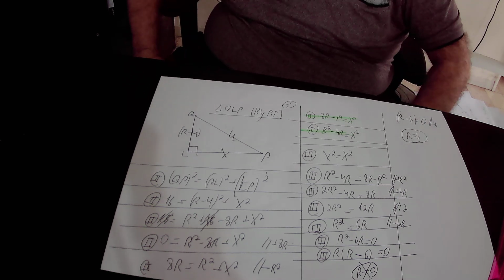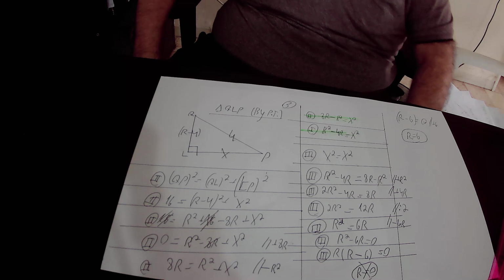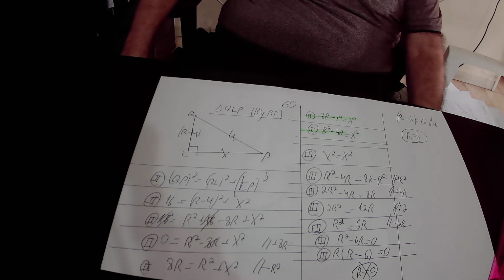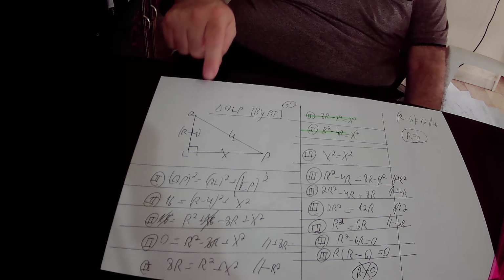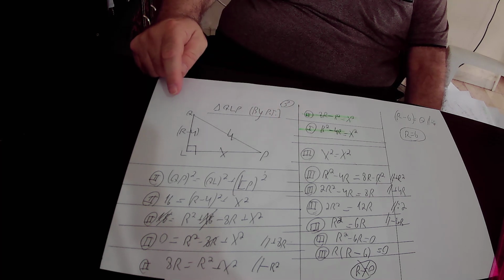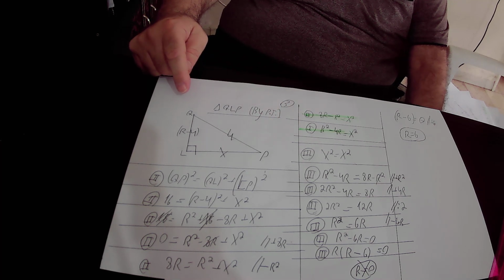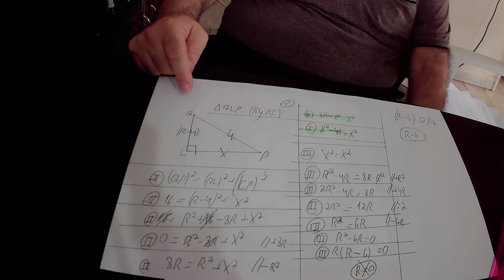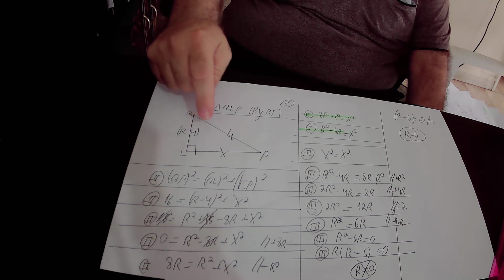According to the Pythagoras theorem, the square of the hypotenuse equals the sum of the squares of the perpendiculars. The square of the hypotenuse is QP square, and it is equal to QL square plus LP square.